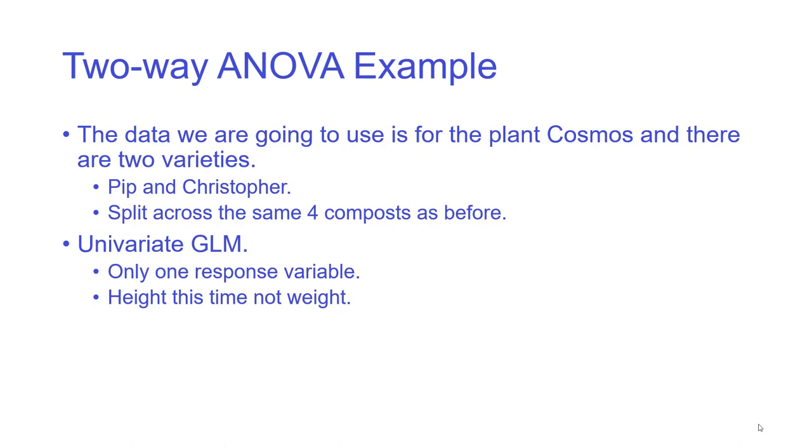So now there are two things that can interact with each other: the variety of the plant and the composts. It's called a univariate general linear model because there's only one response variable, which is the weight of the plant, or in this case it's the height of the plant.